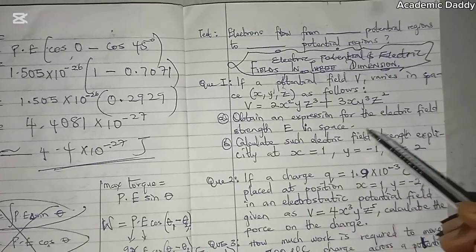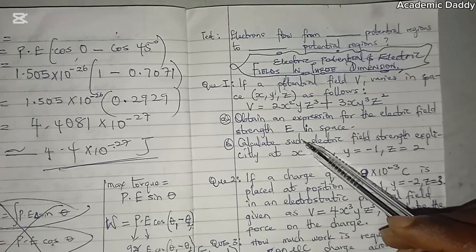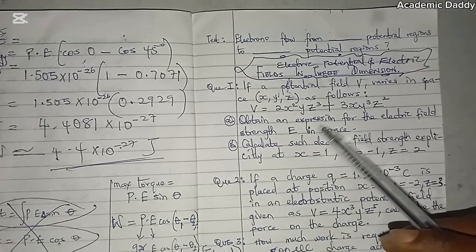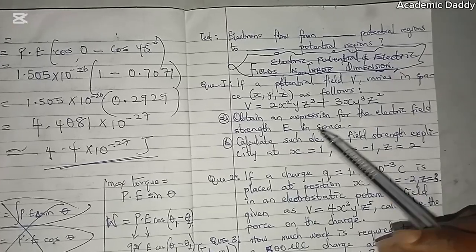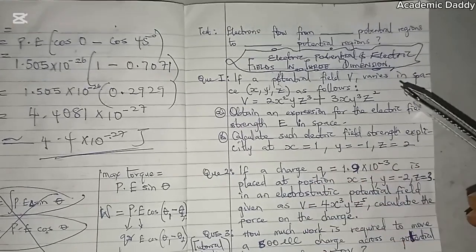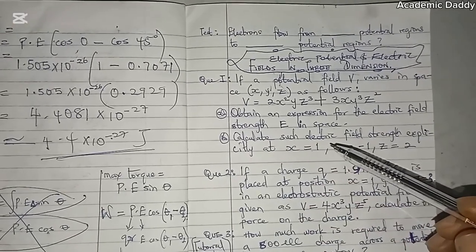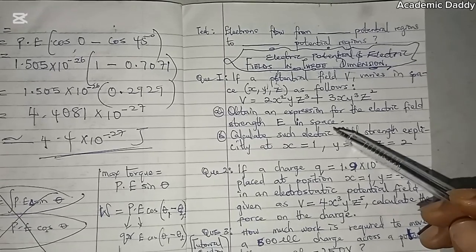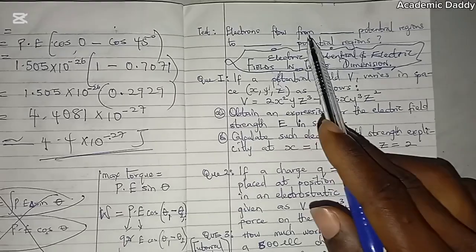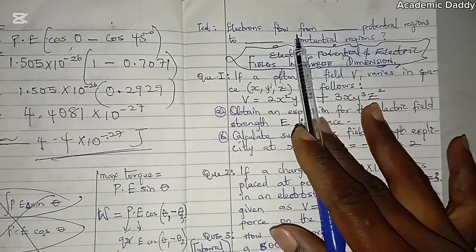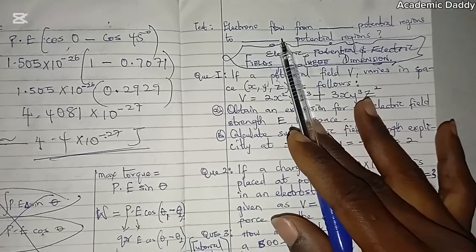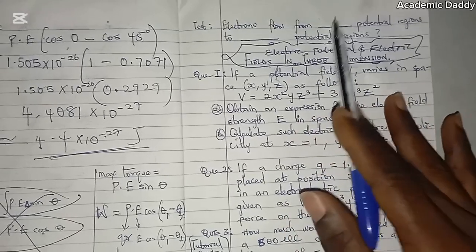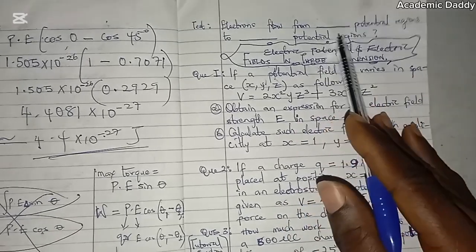Then they say obtain an expression for electric field strength in space. I've told you to always consider electric field strength as electric field. It tells you how strong or weak it is, or the direction of charge, and you know that it's charge that makes for electric field. From what we read up here, electrons or charge, anything about electric field, moves from higher potential region to lower potential region.